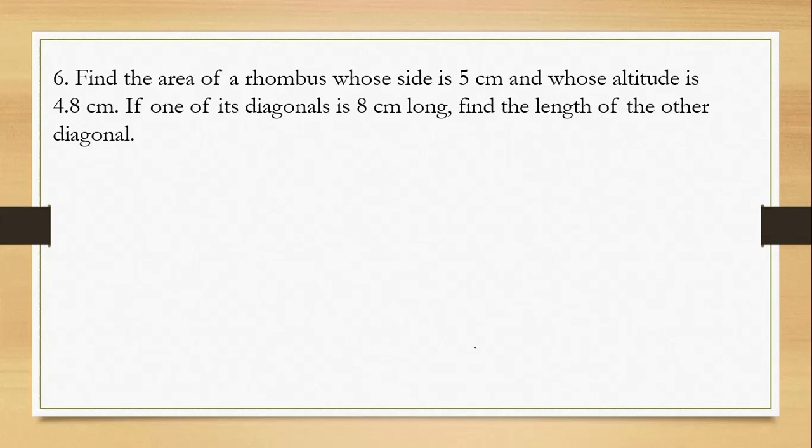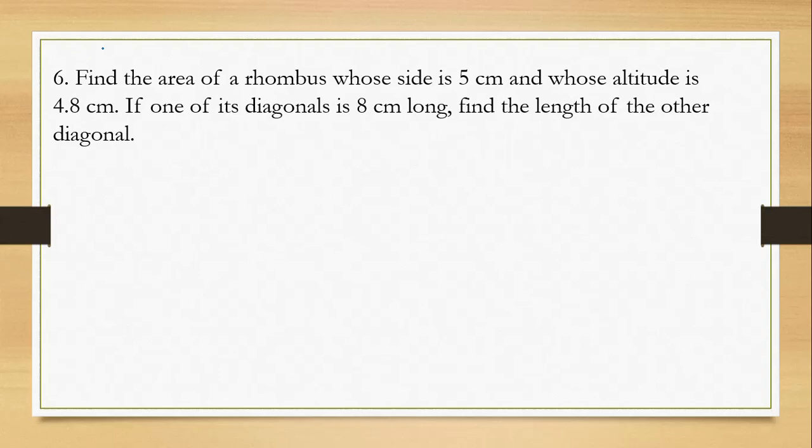Next we move on to the next question, which is also based on the rhombus, area of the rhombus. In this question they have given the altitude also, and they also given one diagonal is 8 centimeter long, and they asked us to find the other diagonal.